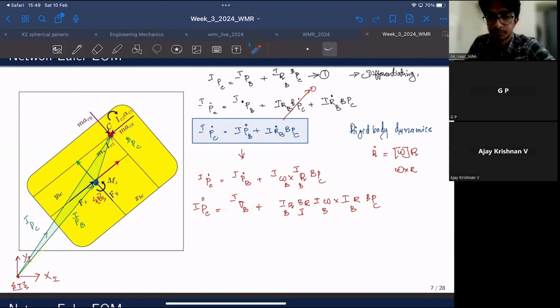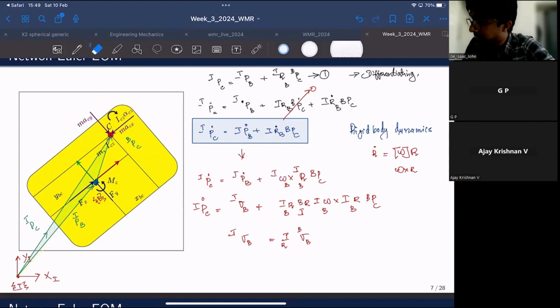How do you do that? The velocity of point B with respect to I is nothing but the velocity of point B expressed with respect to B, multiplied by the rotation matrix, sorry, RBI.